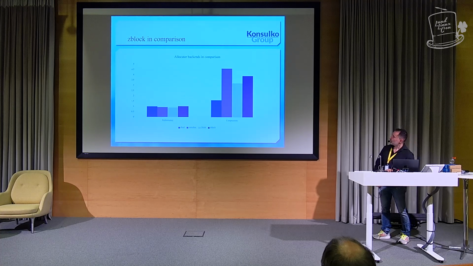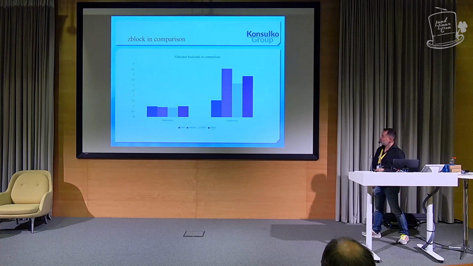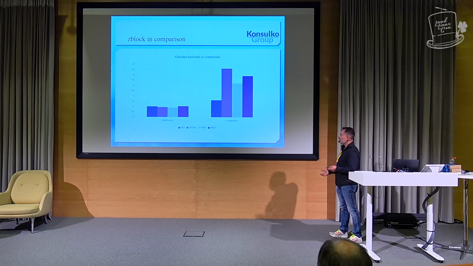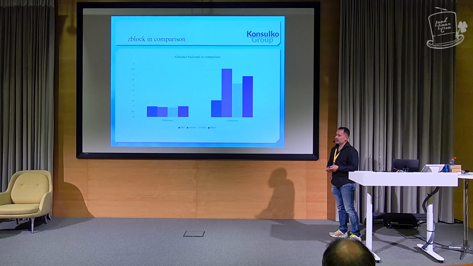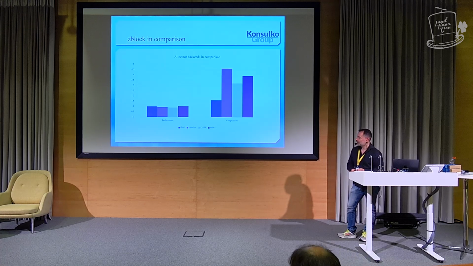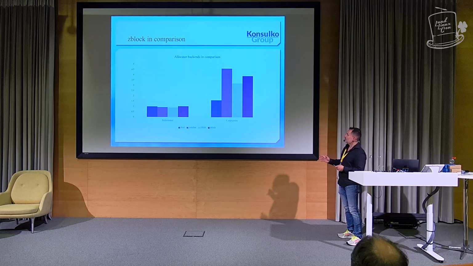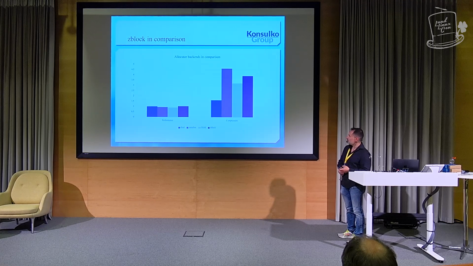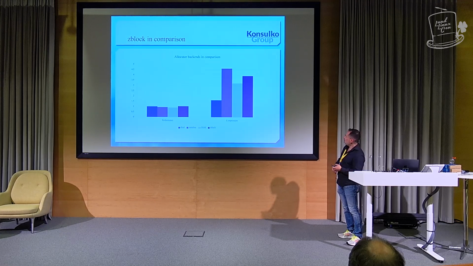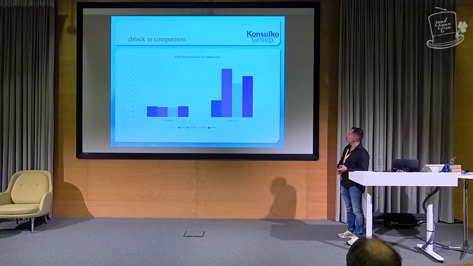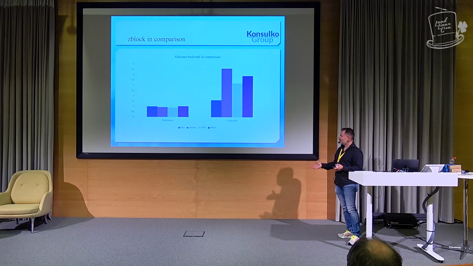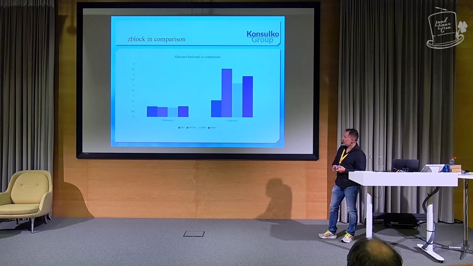Okay, so quick comparison. As I said, Zblock and Z3-fold are all history, so they have been obsoleted and taken off of the mainline kernel. But just to give you a perspective of where we are with Zblock in terms of compression and performance, the two obsolete backends, Zblock and Z3-fold, are worse in compression.